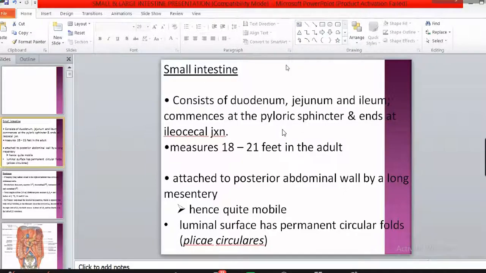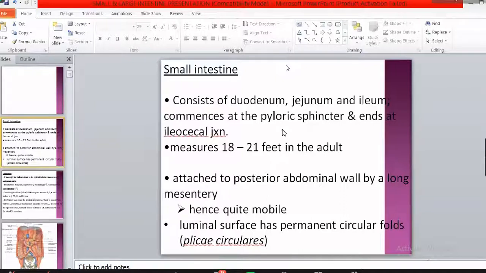Okay, let's continue. The small intestine consists of the duodenum, jejunum, and ileum. So it's a portion of the foregut and then midgut. Remember, the GIT is divided into three: foregut, midgut, and hindgut.